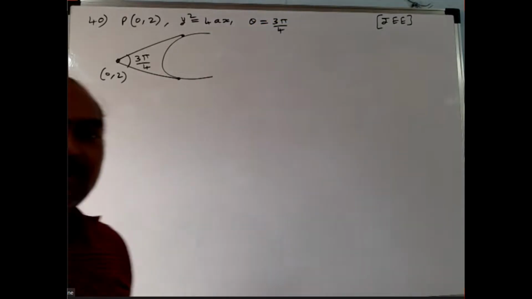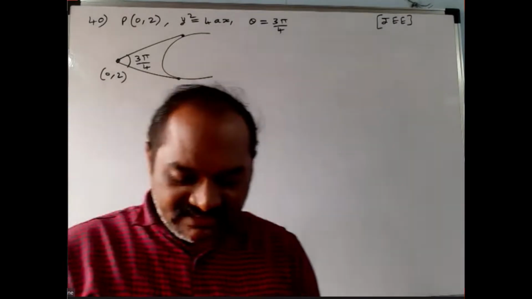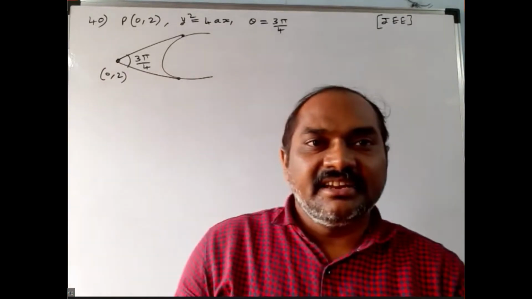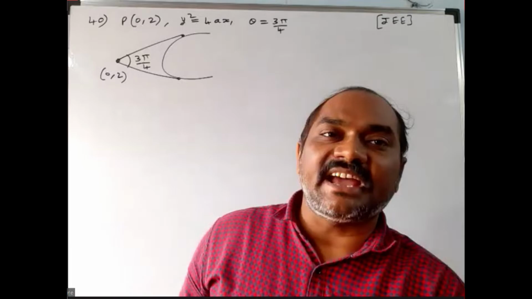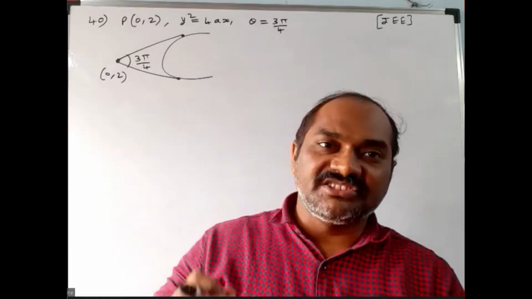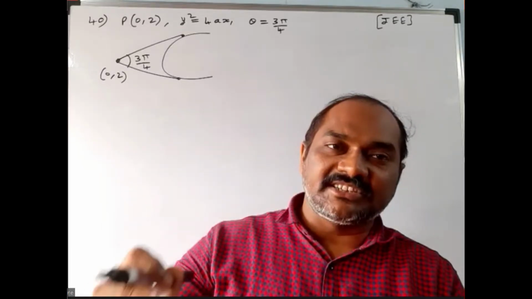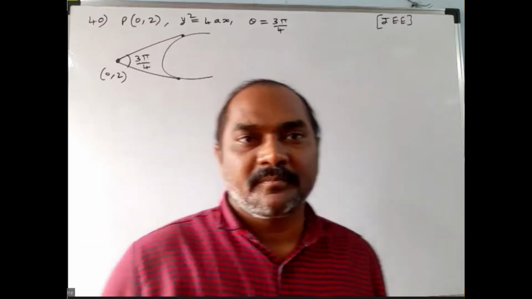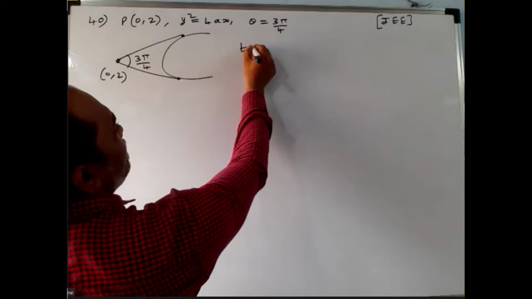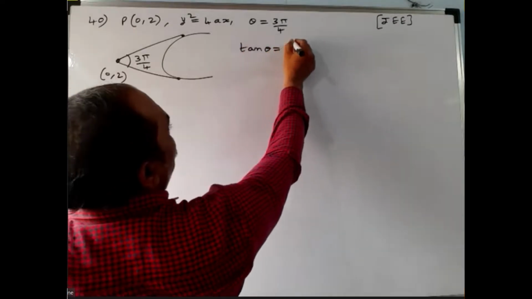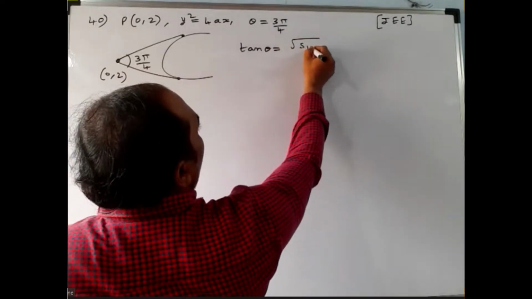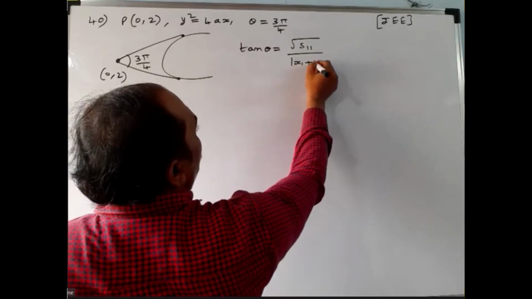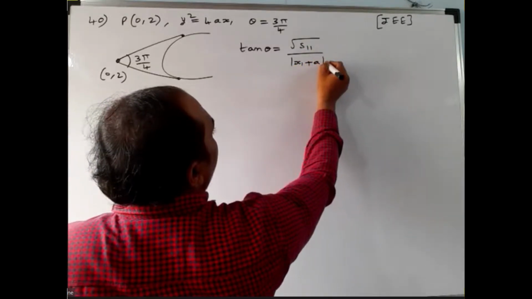Then what is the formula of the tangents? Students, in parabola for the angle between the tangents, see the synopsis points. Once you write down the synopsis points, come on, speak up. Anybody say tan theta is equal to root S11 by mod x1 plus a.